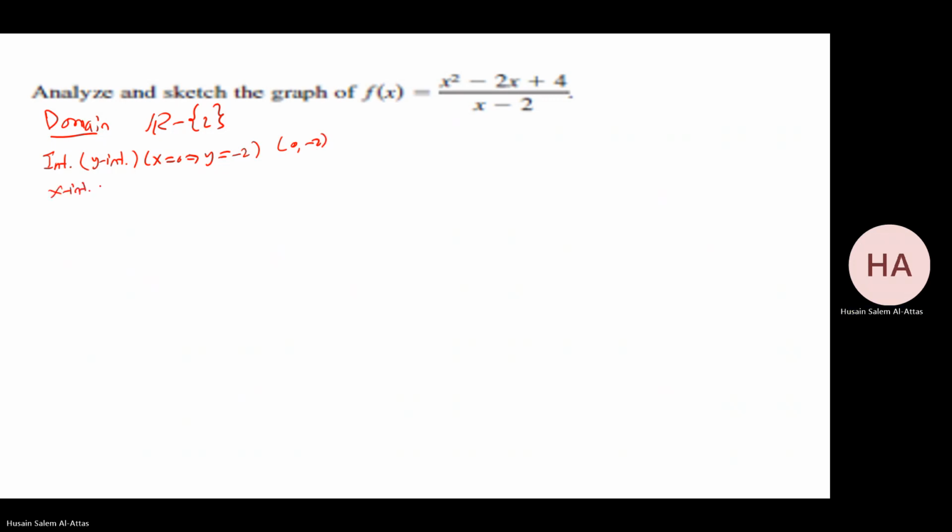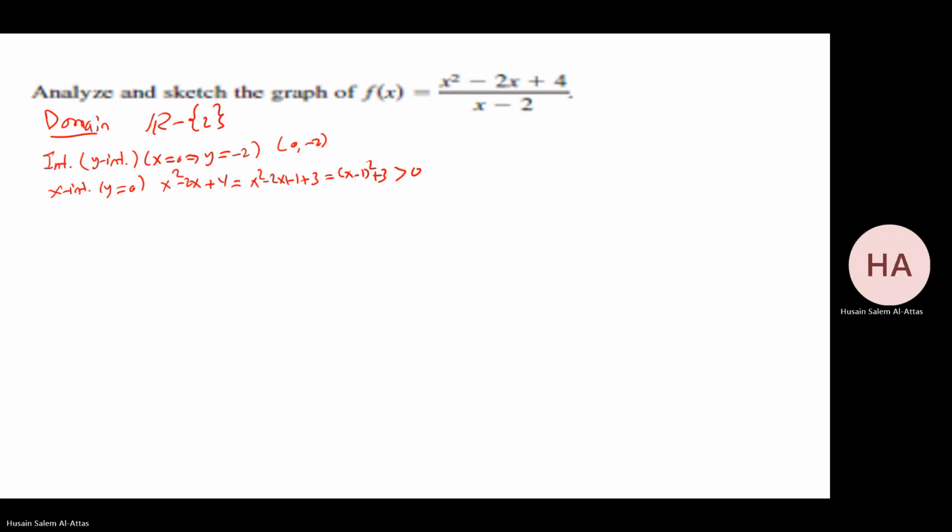X-intercept: I will make y equal 0. I have x squared minus 2x plus 4. Will that be 0? This one cannot be 0, because it is (x minus 1) squared plus 3, which is always positive. So there is no x-intercept.